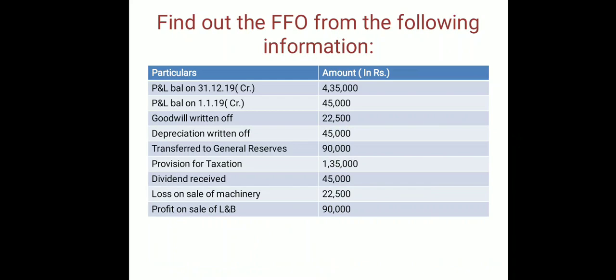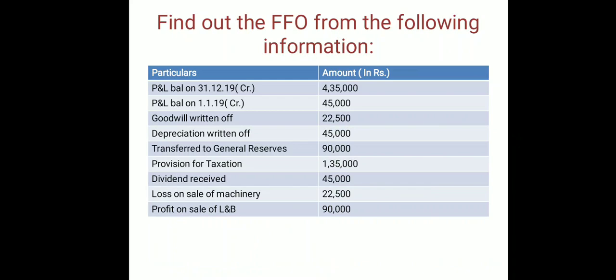And in that, I hope you remember, we have to add back non-cash and non-operating or non-fund expenses or losses which we have already debited in the profit and loss account. When we prepare the trading profit and loss account to calculate net profit, some items which are non-cash and non-operating or non-fund in nature, we debit.